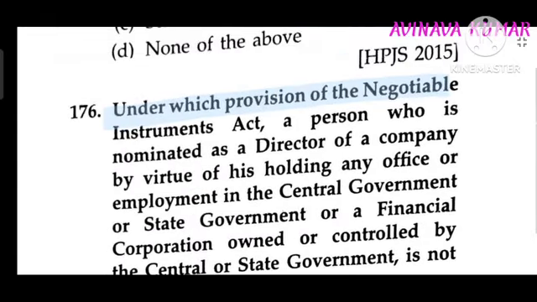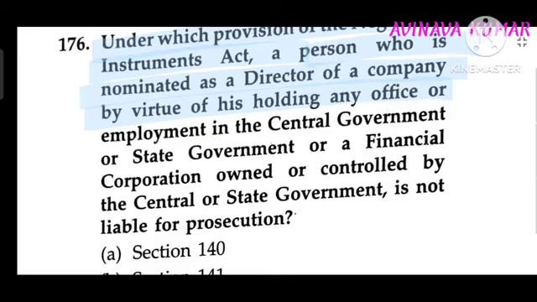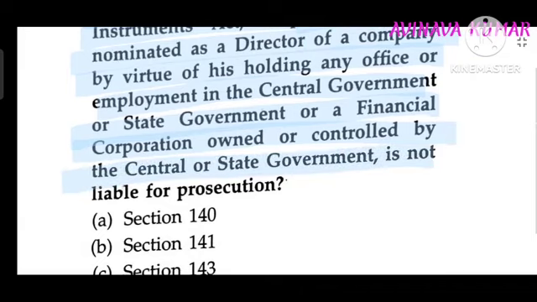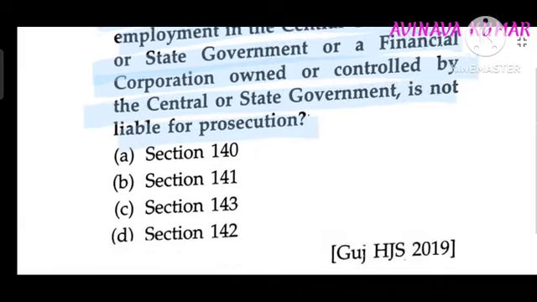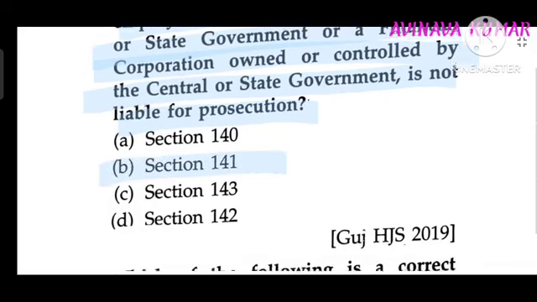Under which provision of NIA is a person nominated as director of company by virtue of holding any office or employment in central government or state government or financial corporation owned or controlled by central government not liable for prosecution? Section 141.